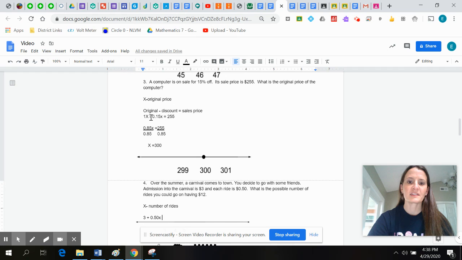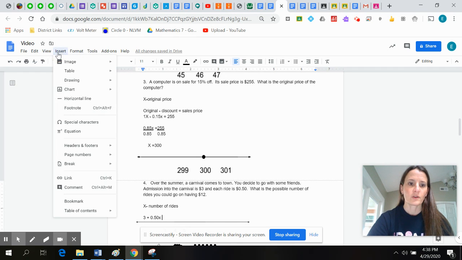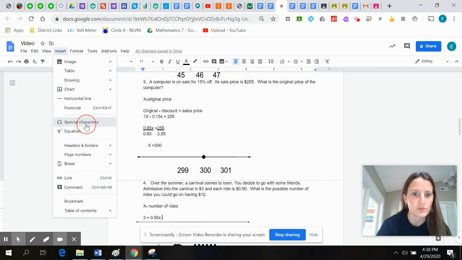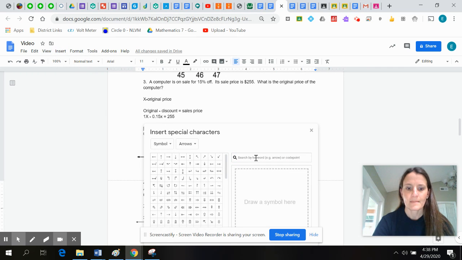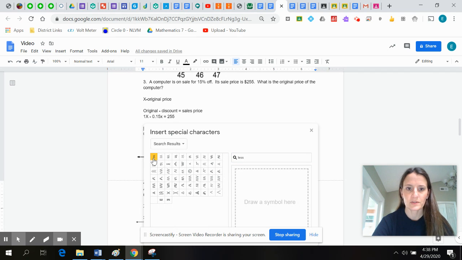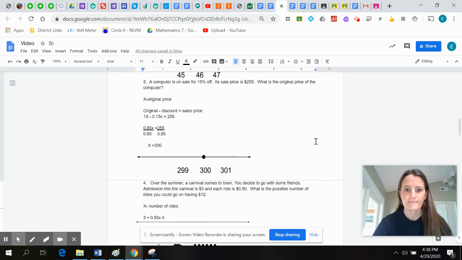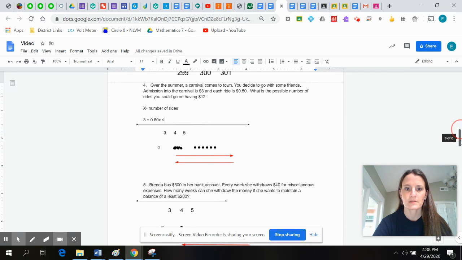So that means we've got to spend less than or equal to $12 at the carnival. So we're going to go to insert, special characters, less than or equal to. Okay, it's there. $12.